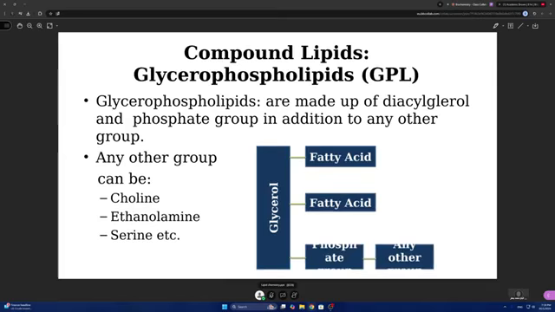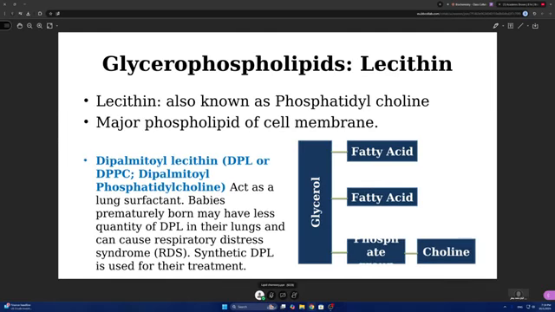Now coming to the compound lipids here. This is a very, very important slide. That is dipalmitoylcholine. This phospholipid is basically responsible for preventing collapse of the lung during respiration, and it acts as a lung surfactant.